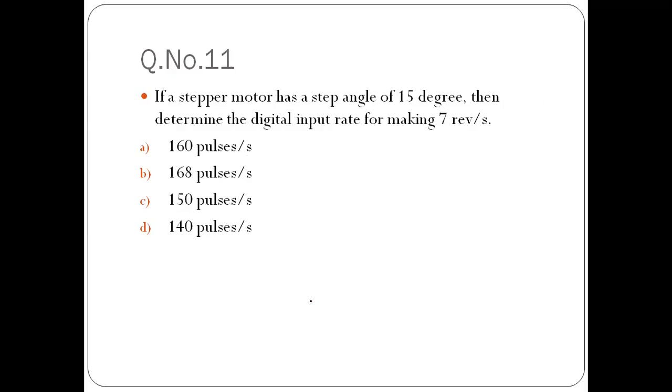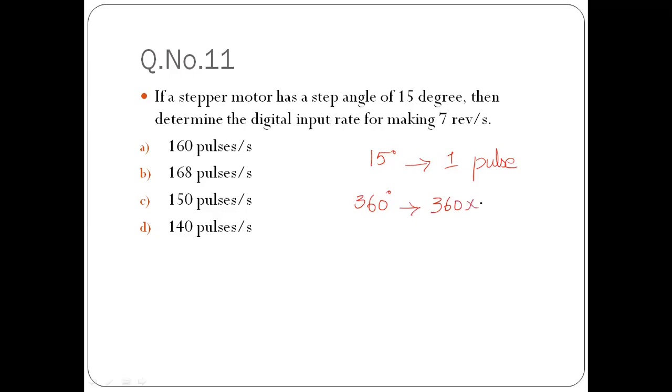If a stepper motor has a step angle of 15 degree, determine the digital input rate for making 7 revolutions per second. For 15 degree, one pulse is given, that is the step angle. So for one pulse, it will rotate 15 degree. For one revolution, that is 360 degree, how many pulses am I supposed to give?